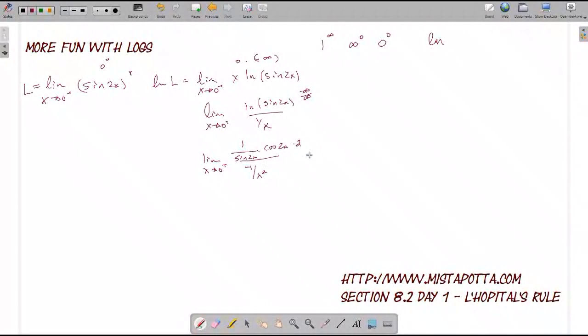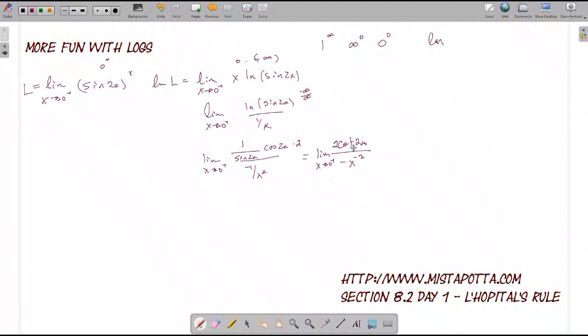Now this is a pretty convoluted function, so what I'm going to do here is rewrite this. I've got cosine over sine, so this is really cotangent of 2x times 2. And this is really negative x to the negative 2 power that I have. The limit as x approaches 0 from the positive side.